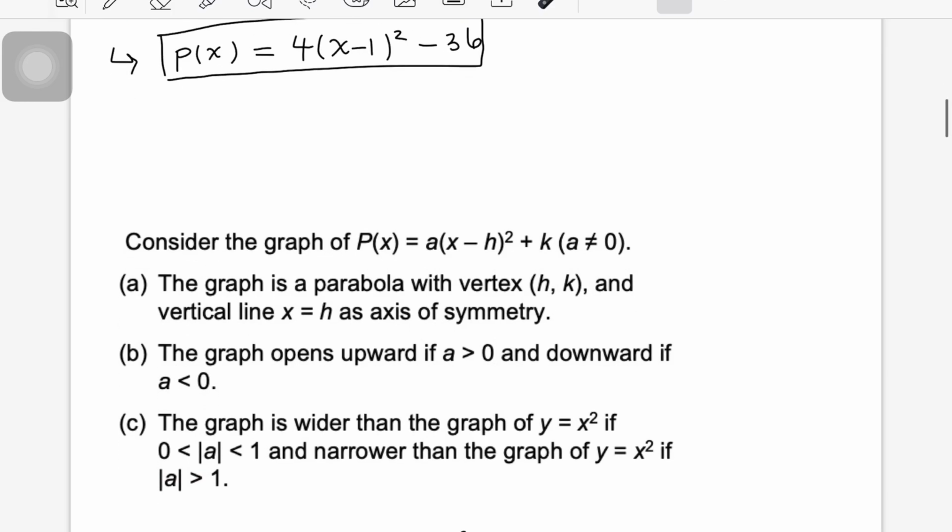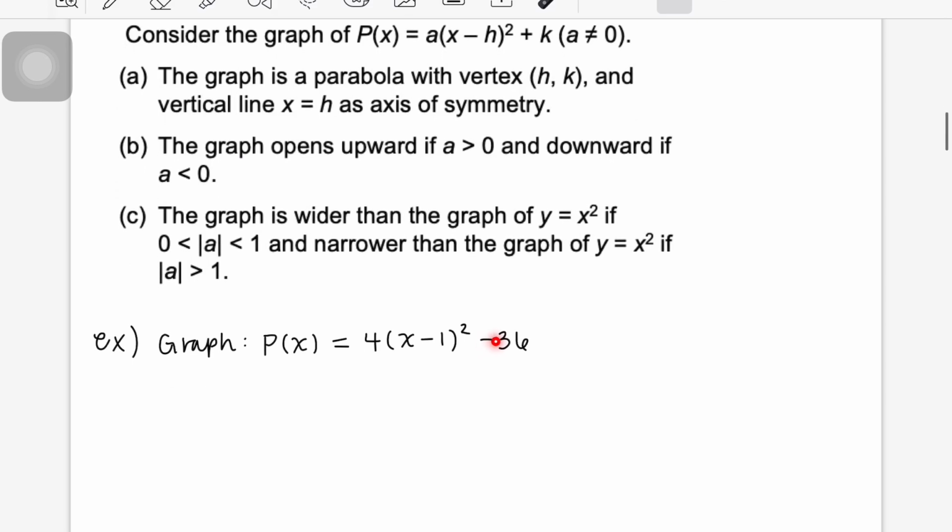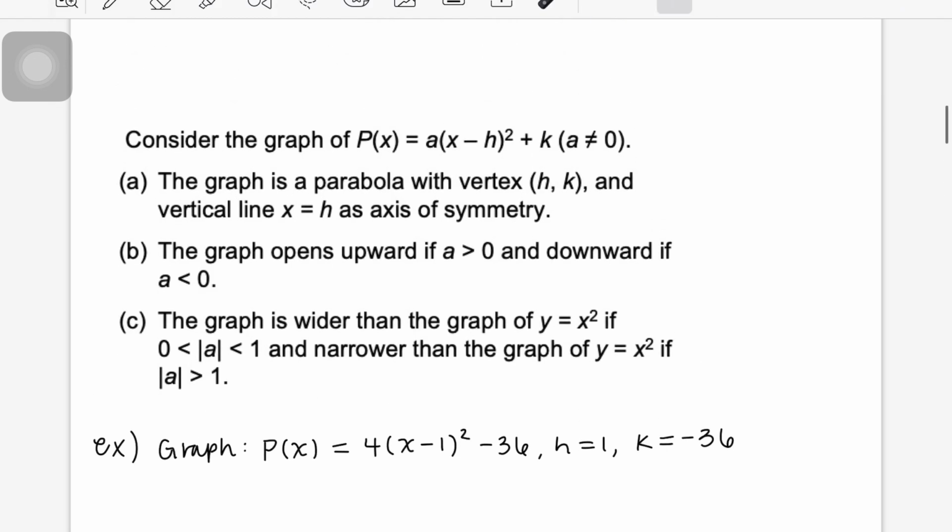So let's look at this example. This is the same function that we just saw, that we just found this form of by completing the square. First, we can see that in this case, h is going to be 1 and k is going to be negative 36. We know this because we have a 1 here and a minus 36 here. Looking at this form, we do want to be careful of the sign of h. The standard form is x minus h.